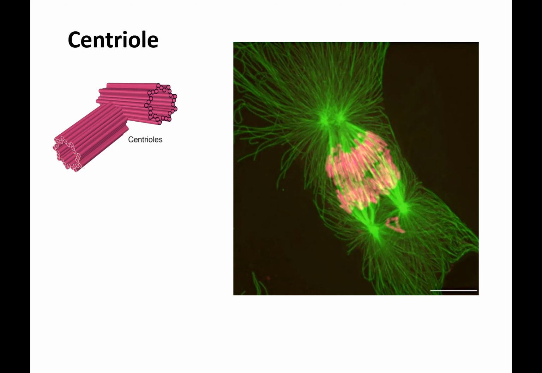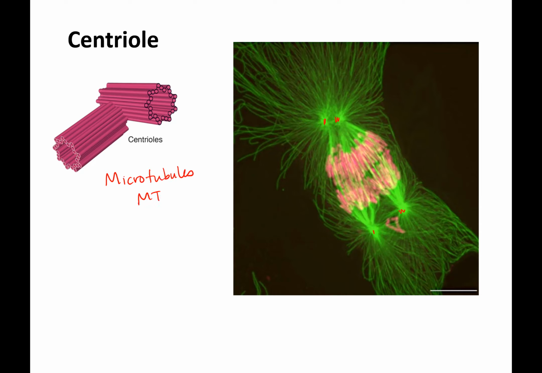One type of cytoskeleton that we've already talked about are centrioles. And centrioles are kind of hard to see exactly, but here, this is a dividing cell. So all the green is microtubules.